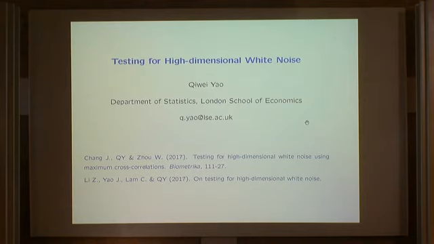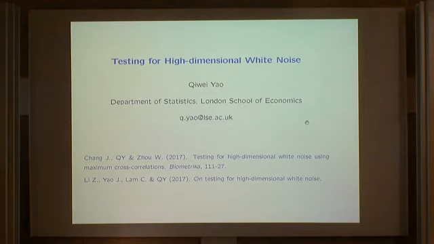For those who know me, I have been doing high-dimensional time series modeling, especially factor modeling. When you fit a factor model, you need to decide how many factors. In a sense, the original time series minus the contribution of the factors should be white noise.